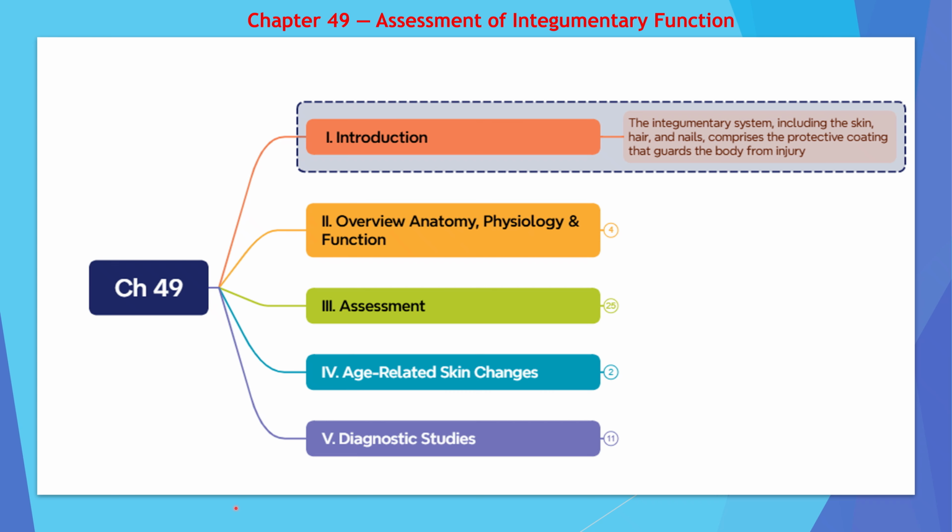And for age-related skin changes, like every chapter they talk about age-related changes, but specific to that chapter. So here we have, as we age, the skin becomes thinner, less elastic, and heals very slowly.